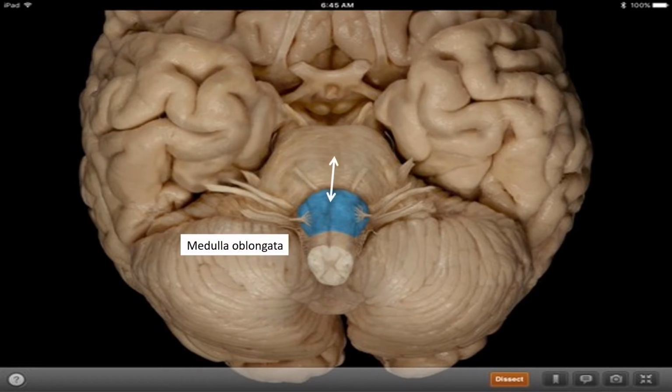You can see that the medulla is inferior to the pons, and it is superior to the spinal cord. In fact, the spinal cord is a continuation of the medulla going down, and we can see that the two cerebellar hemispheres are on both sides of the medulla. If you look at the periphery of the medulla, you can see lots of nerves coming out, because the medulla contains lots of nuclei of cranial nerves.